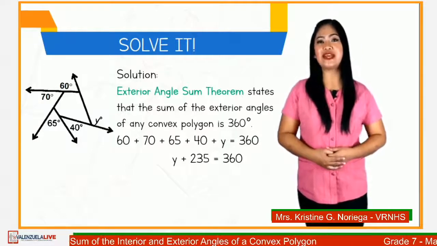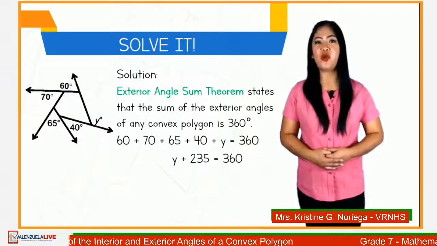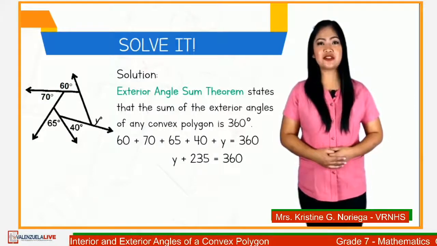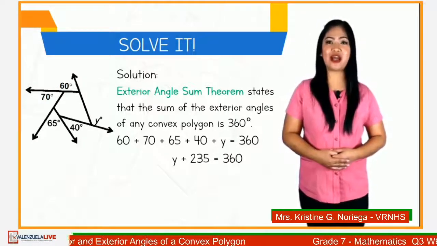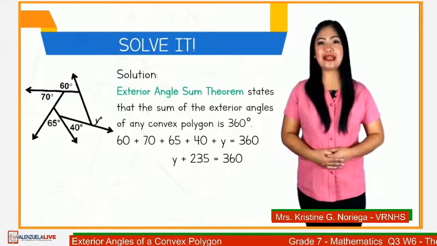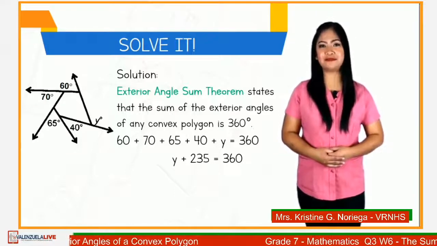Since one of the exterior angles is unknown, we solve it by isolating y on the right-hand side of the equation by eliminating 235.